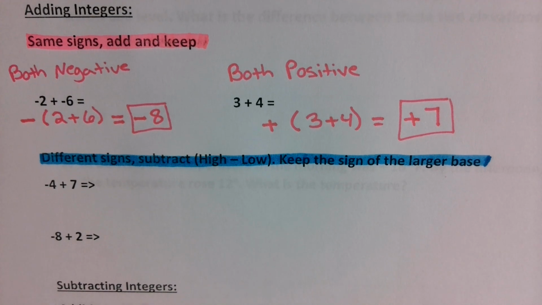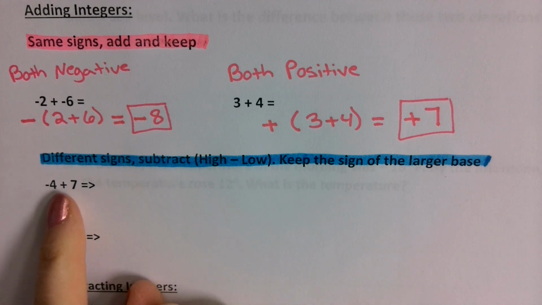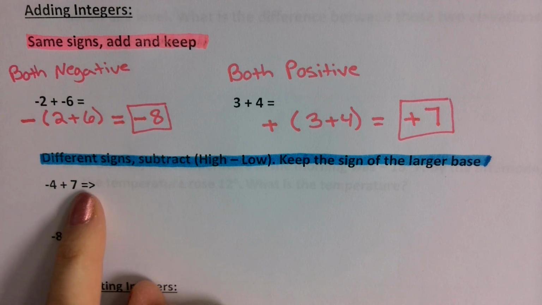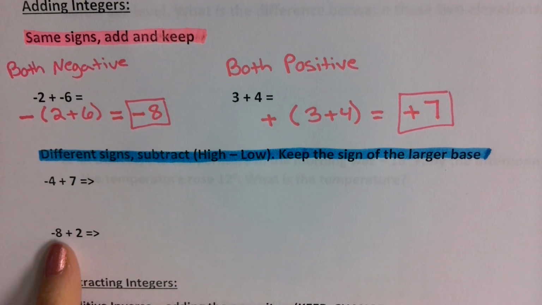Whatever the largest base is, you're going to keep that sign. Now, somebody told me the other day, well, positive numbers are always bigger than negative numbers. We know that, but we're not talking about the sign, we're talking about the base. So in this case, 4 compared to 7, or in this one, 8 compared to 2. You're focusing on the base, not the sign.